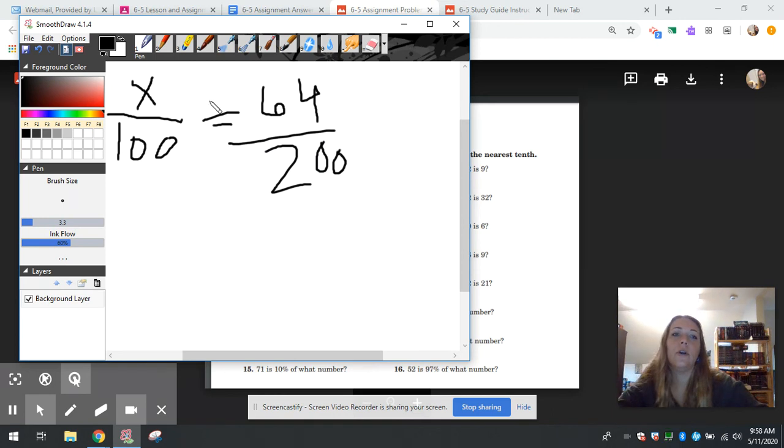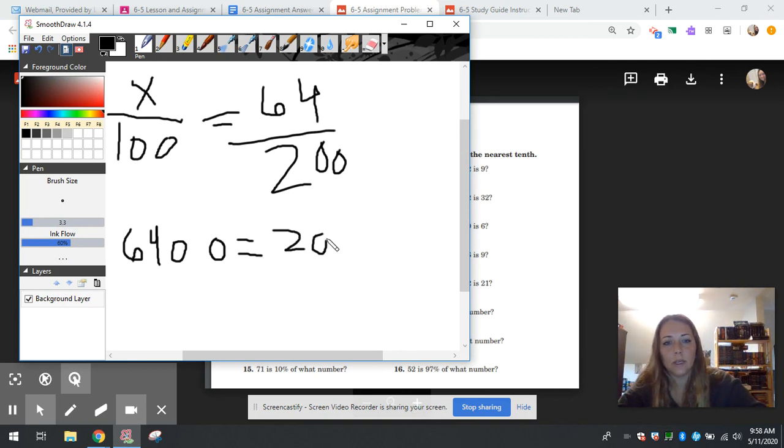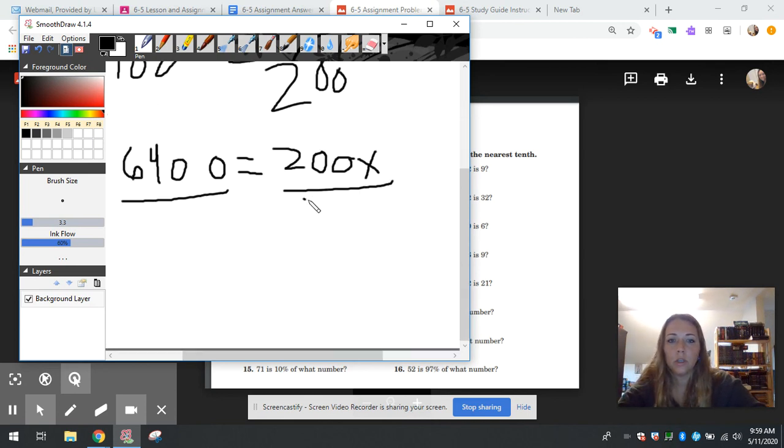Now that you have your proportional equation, you cross multiply. 100 times 64 is 6,400. 200 times x is 200 times x. Now we have to just get the variable x by itself, so we divide by what's attached to it by multiplication.